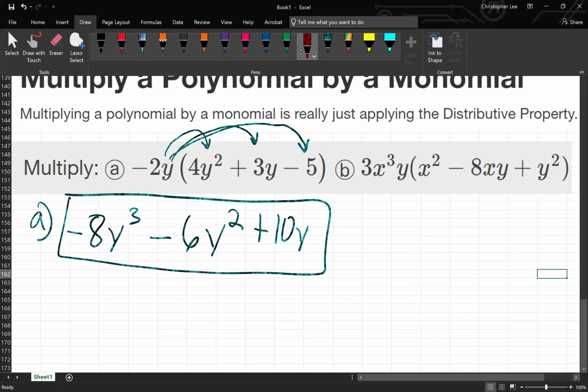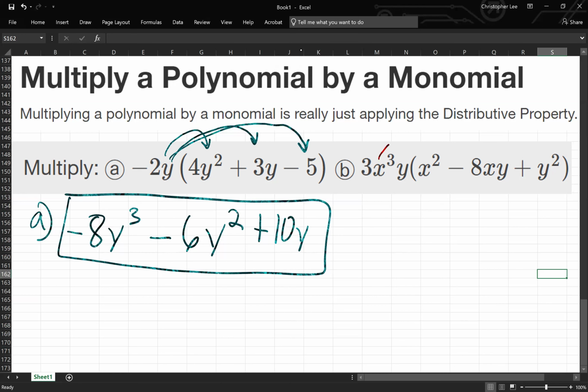We're going to do the next one now. So I got 3x cubed y times x squared. Tell me what to write. Good. All right, let's try it again. I got 3x cubed y times negative 8xy. Negative 24.